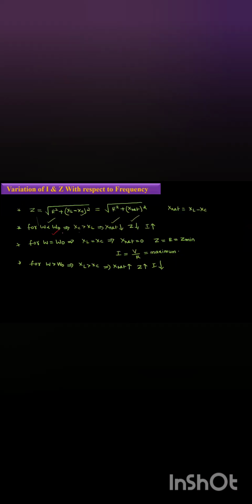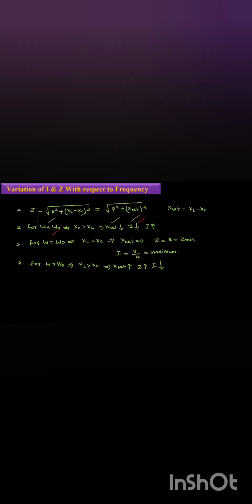First I'm writing Z versus omega. Let this be omega naught. This is for omega less than omega naught, and this is for omega greater than omega naught. What is the observation here? For omega less than omega naught, impedance is reducing, so you get the characteristics like this.